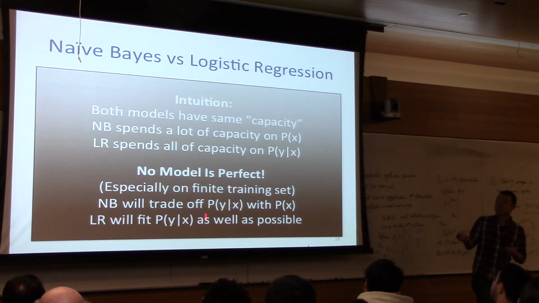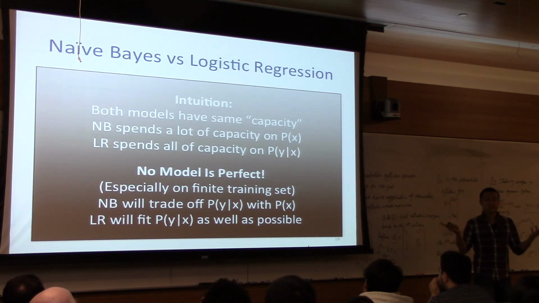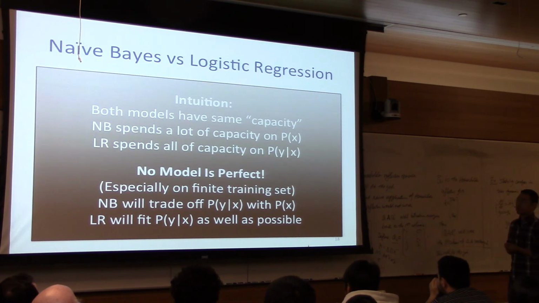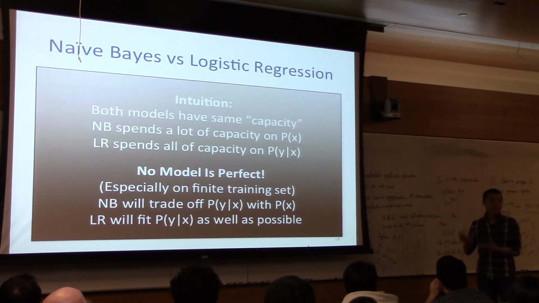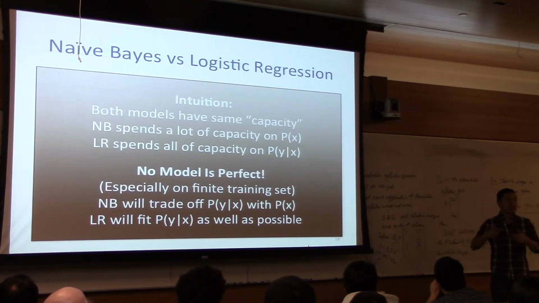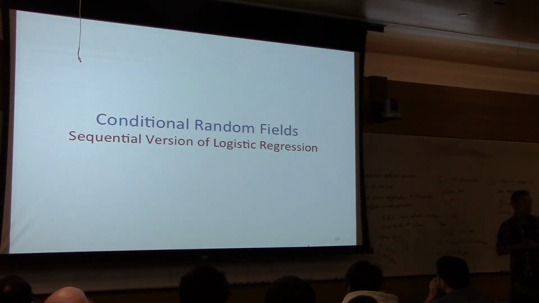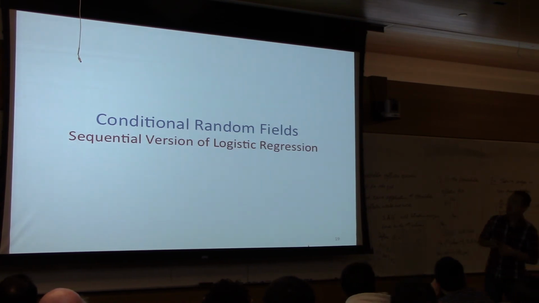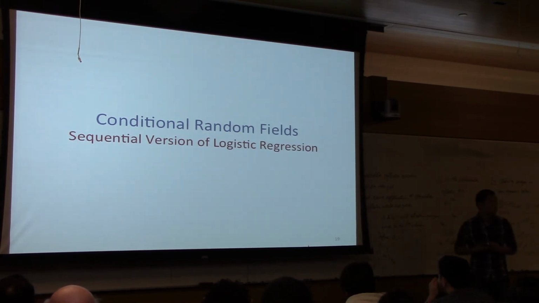In logistic regression, given the same number of parameters, we'll try to fit this as well as possible. And the same intuition, of course, generalizes to HMMs versus conditional random fields. Okay, so that is the somewhat long-winded recap, but now we're going to talk about conditional random fields.